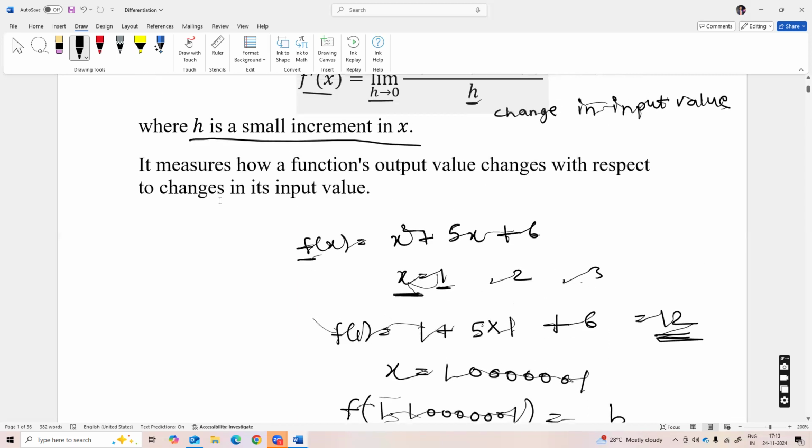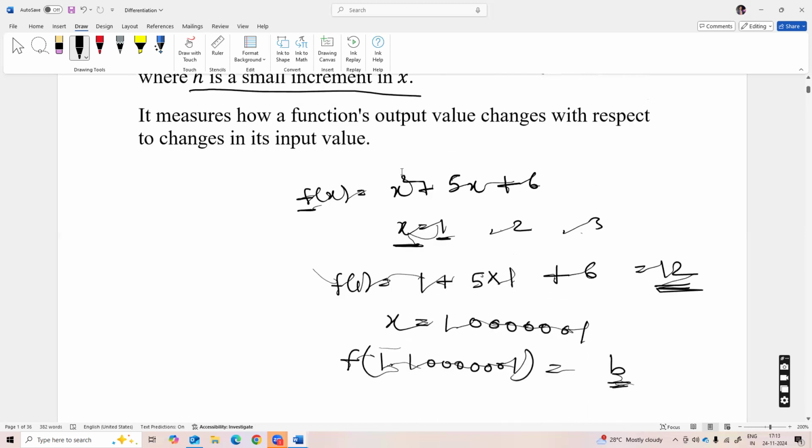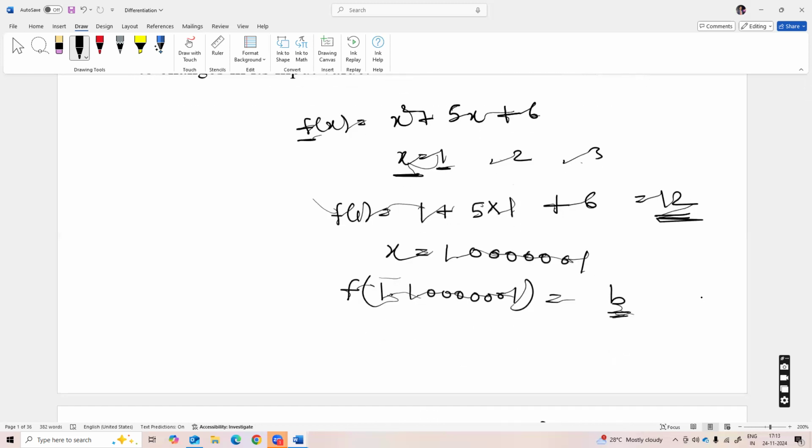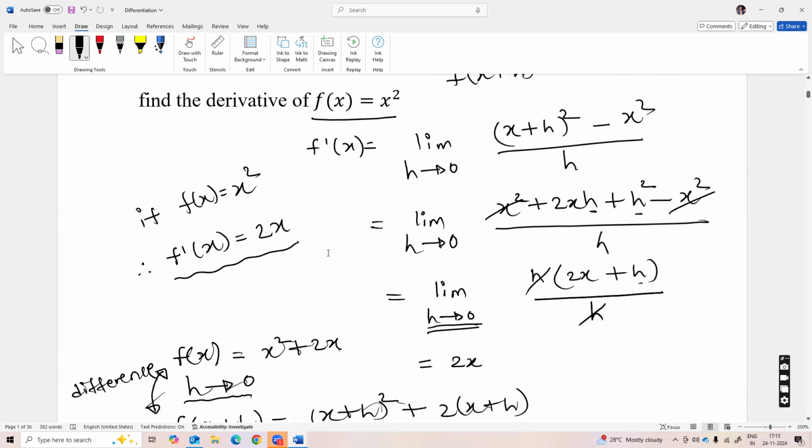So the definition of derivative is basically it tells you how this output value changes. So b minus 12 is the change in output value with respect to this increment. The increment is this value of x minus 1, so it is like 0.000001. So with this increment, how much change in the output value you got is basically the derivative of that function.